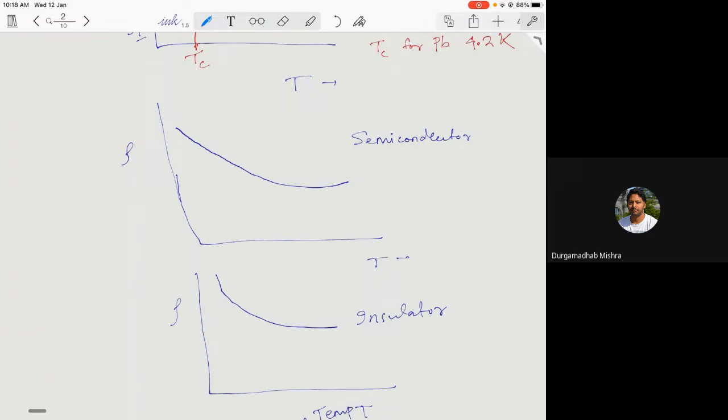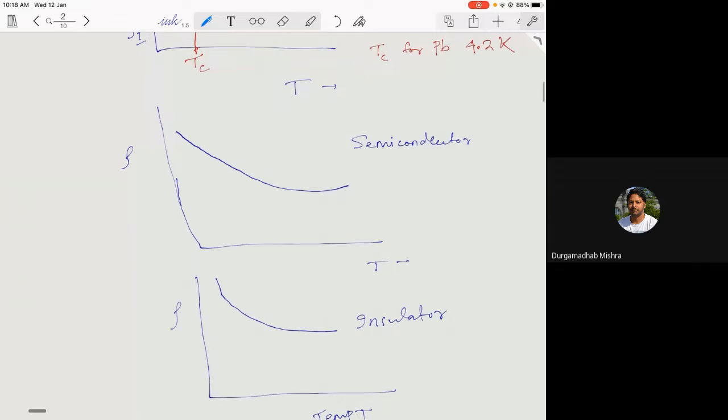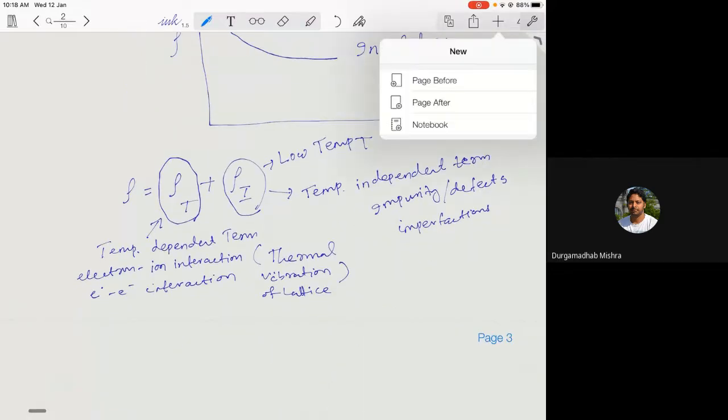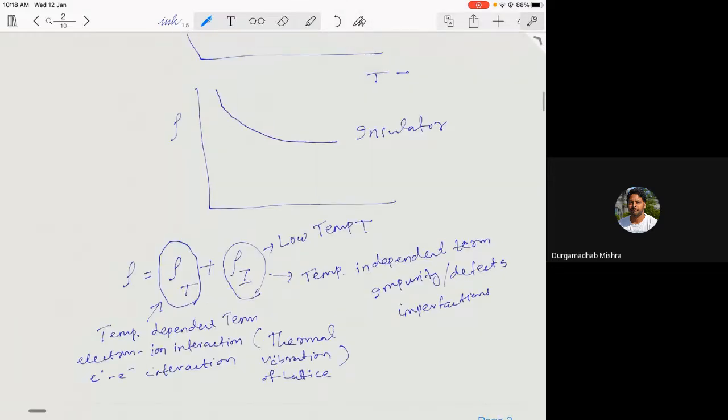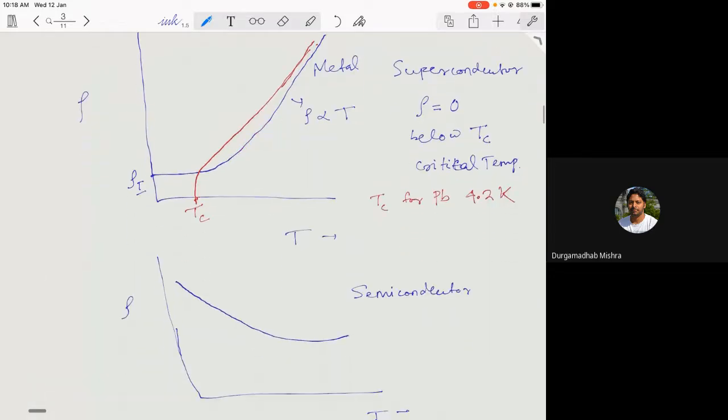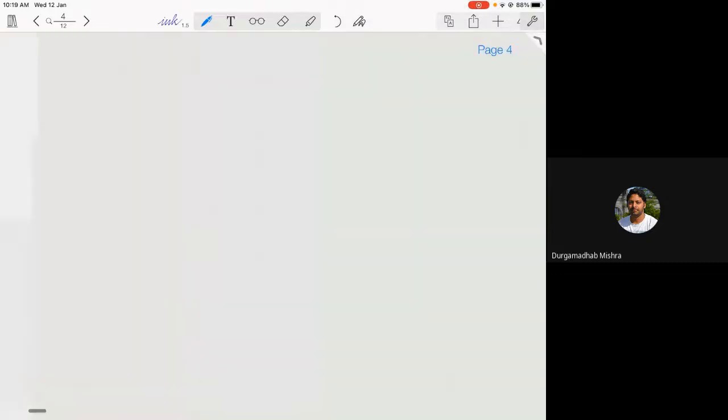Question: does the conductivity of an insulator increase with increasing temperature? Yes. Conductivity is the reciprocal of resistivity.